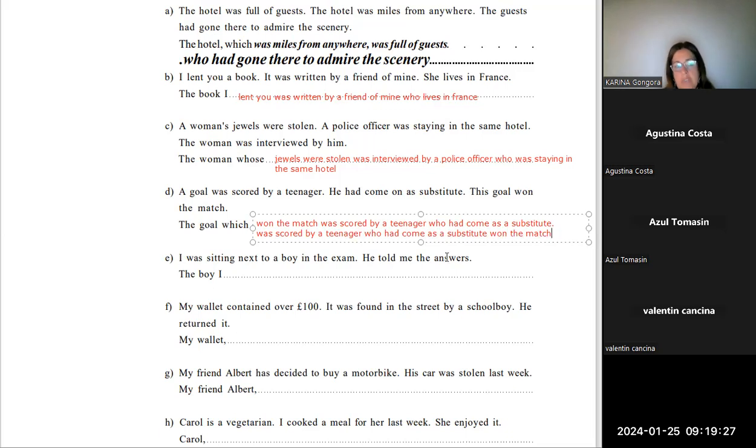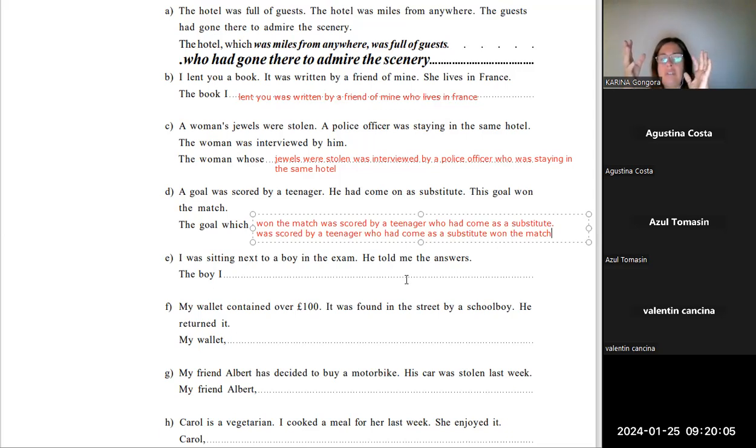Very good. It's perfect. Why as a substitute? Because generally, when we are speaking about jobs, we say he works as a doctor, right? Remember that? And in this case, even though substitute is not a career, it has that role, right? As a substitute. Maybe in Spanish it is different.